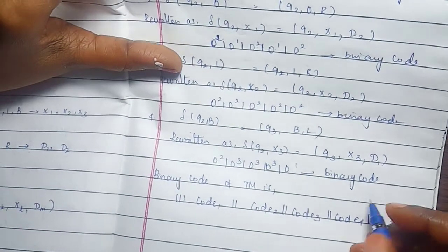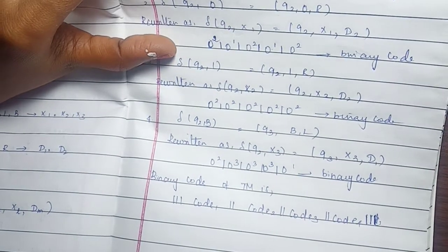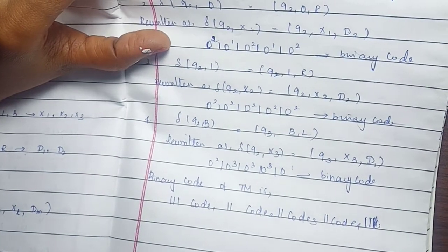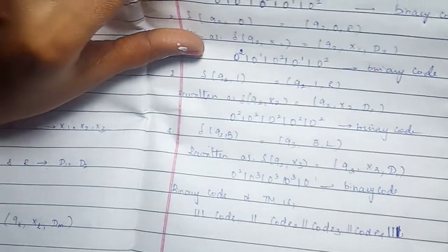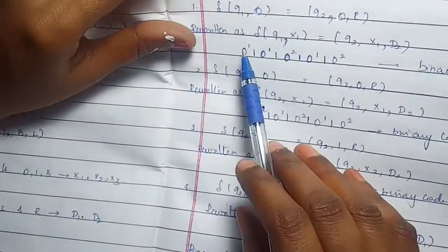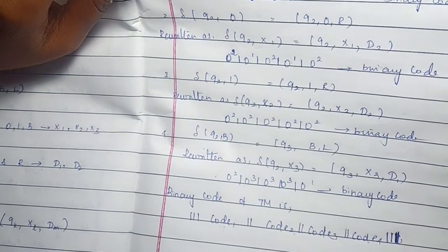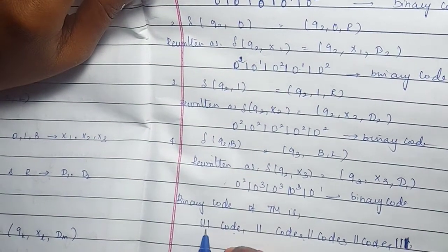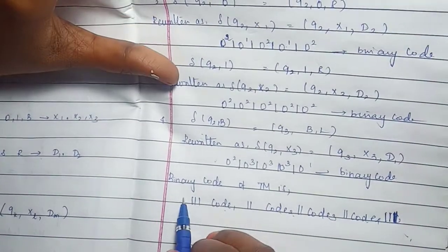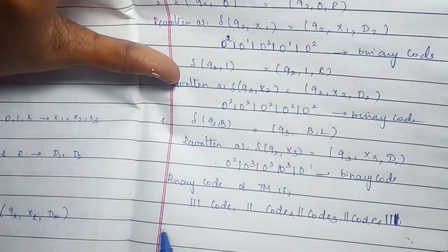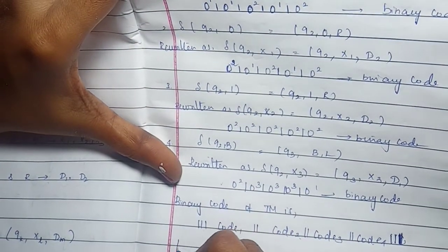So see here, we'll have these 4 moves, right? For this we'll have these 4 codes. So 111 and the final 111 will be our Turing machine's basic machine encoding.